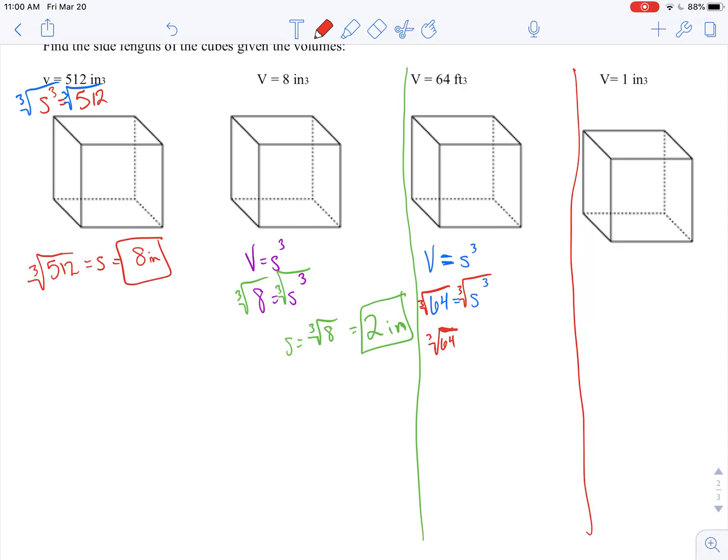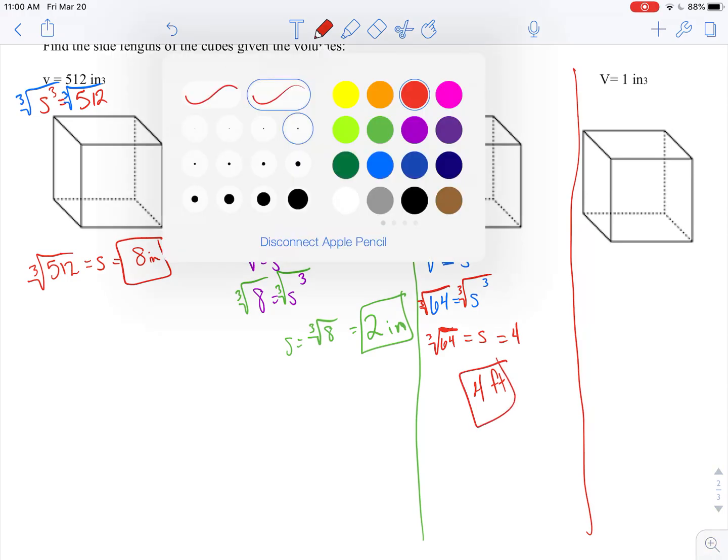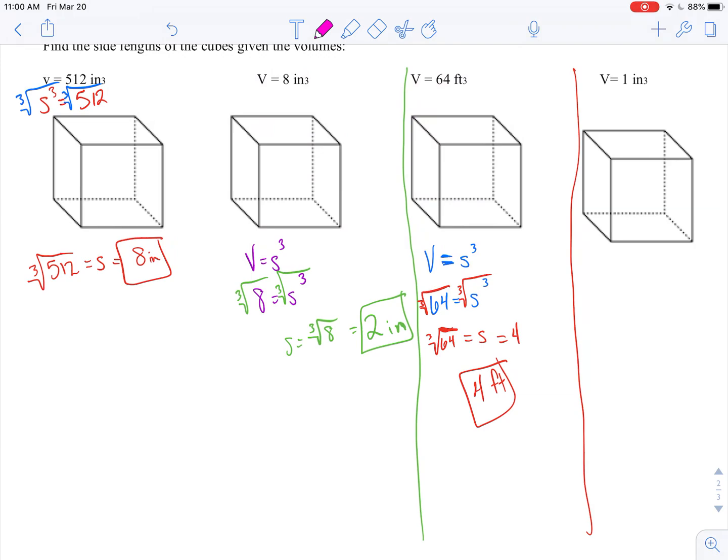It's going to be cube rooting. So cube root of 64 is going to be my side length, which is 4 feet. So my side length is 4 feet.